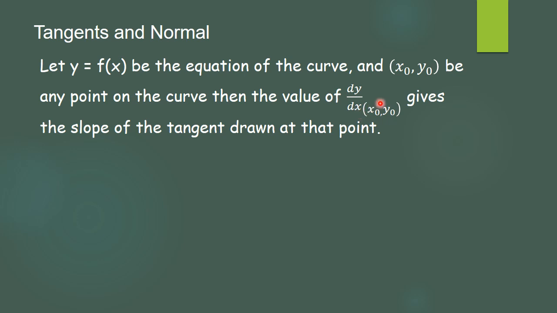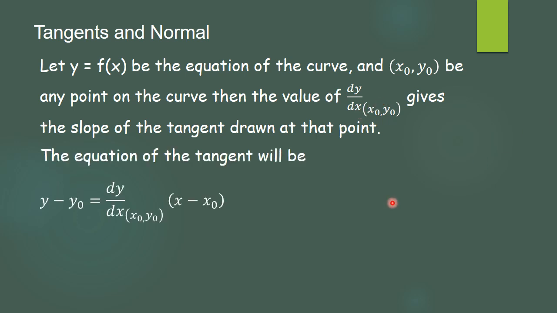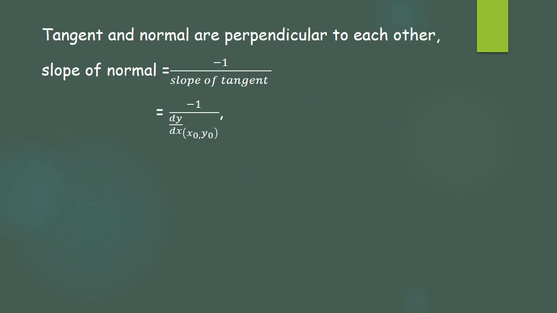And so the equation of a tangent will be given by y minus y0 equals slope into (x minus x0), and the slope is nothing but the value of dy by dx at (x0, y0). That gives you the equation of a tangent. Now a normal is perpendicular to the tangent, and therefore the slope of a normal will be equal to minus 1 upon the slope of a tangent.